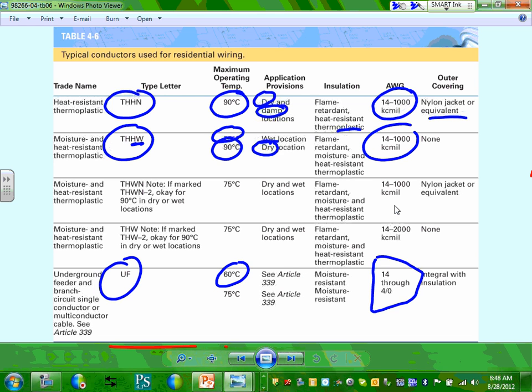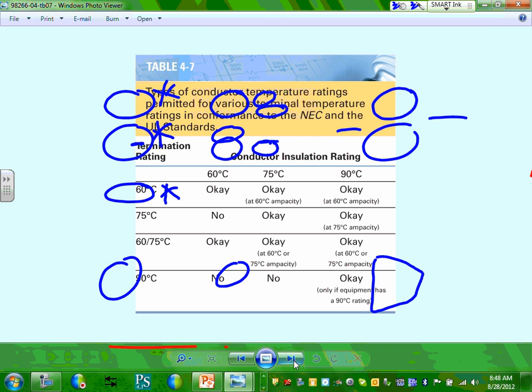Any comments, guys, about these? The most notoriously famous ones you're going to be using in commercial and industrial are these two. THW and THW-2 are rated for 90 degrees, wet or damp location. Any comments about this table, identifying the insulation?